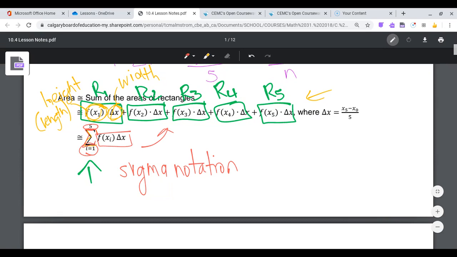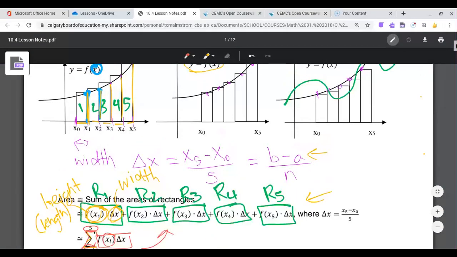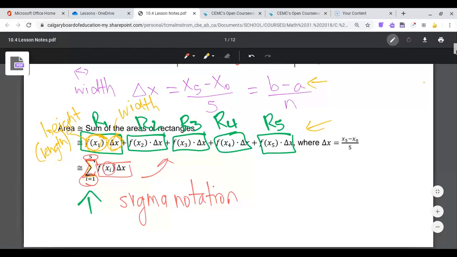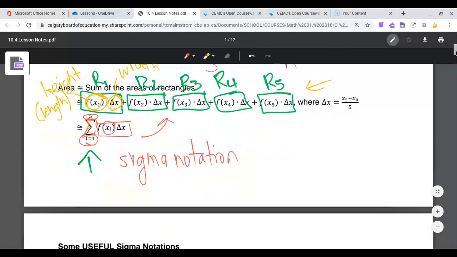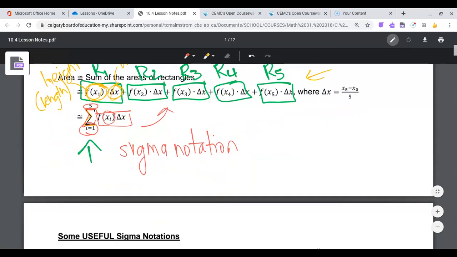And then it's this little xi is talking about any particular x somewhere in the middle, right? Like any of them. This could be xi. If I didn't know how many rectangles there were and there was a bunch on either side, the ith rectangle is somewhere in the middle between the left and the right boundary, okay? All right, so we're going to work with this sigma notation today.